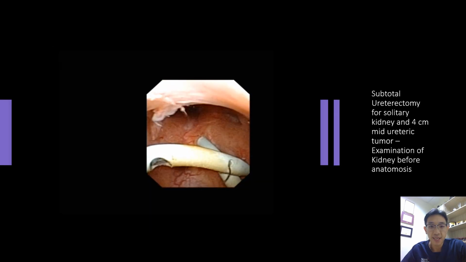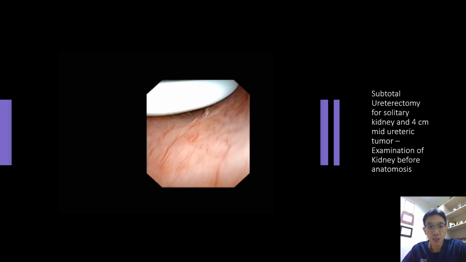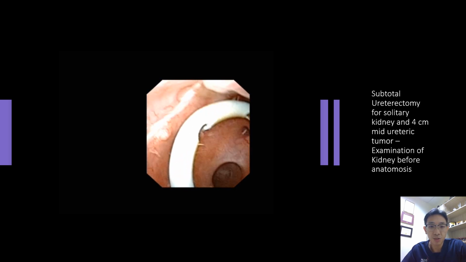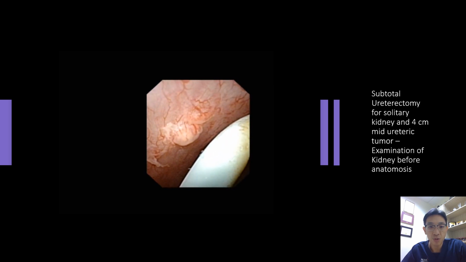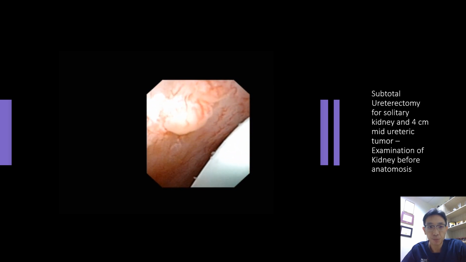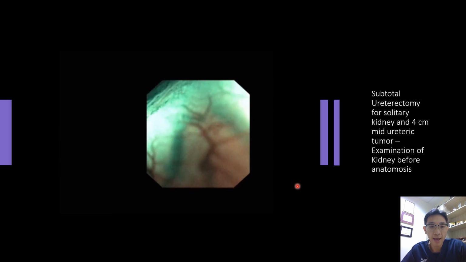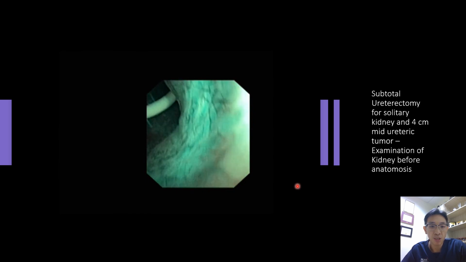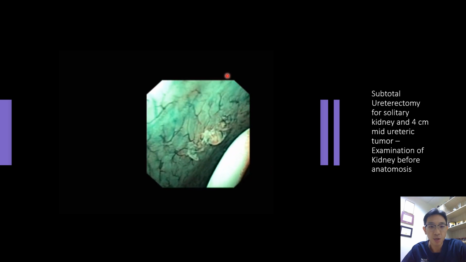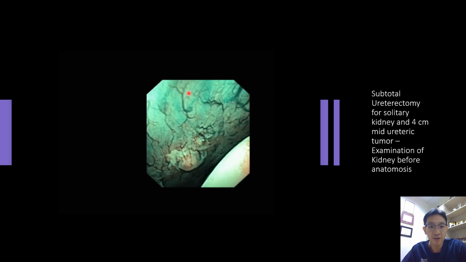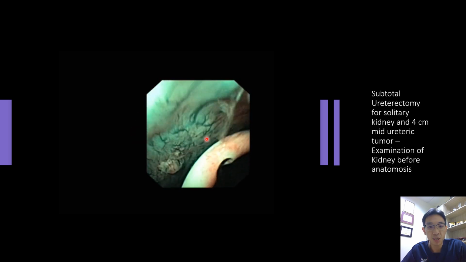What I think is exciting is the use of NBI as enhanced imaging in the upper tract, ureteroscopy or flexible ureteroscopy, to examine the urinary collecting system. And here we have examination using a flexible nephroscope of the renal pelvis and collecting system before I try to do a nephron sparing surgery, a subtotal ureterectomy of the solitary kidney.